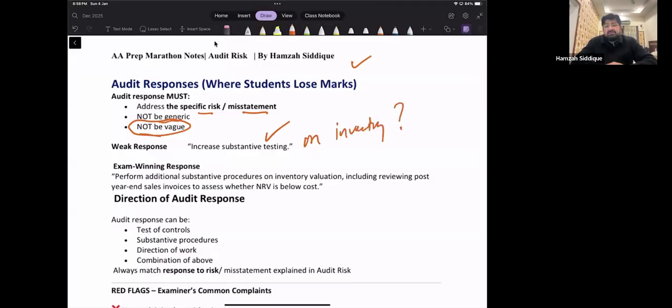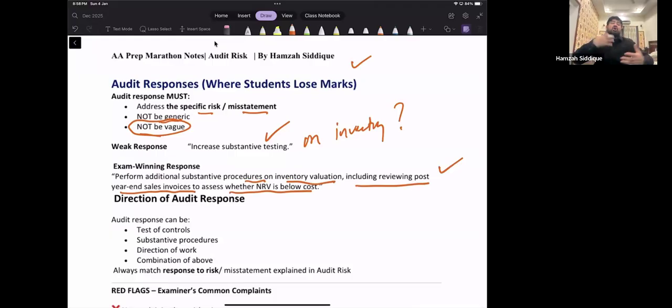Which aspect? Incomplete. So perform additional substantive procedures in inventory valuation. Still it is not that complete. To ensure you get marks, include reviewing post-year-end sale invoices to assess whether NRV is below cost or not. So you see how clear.